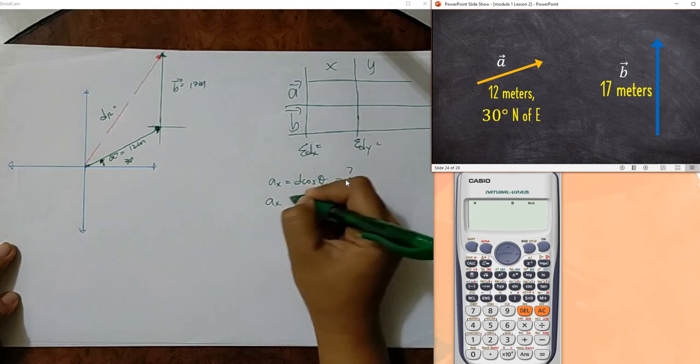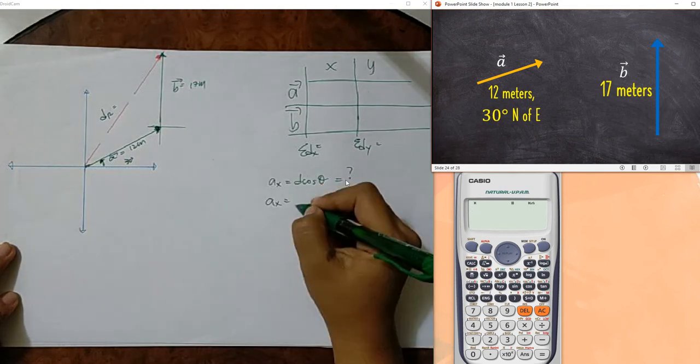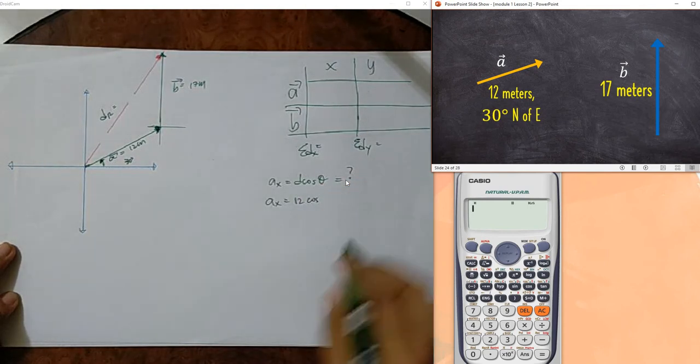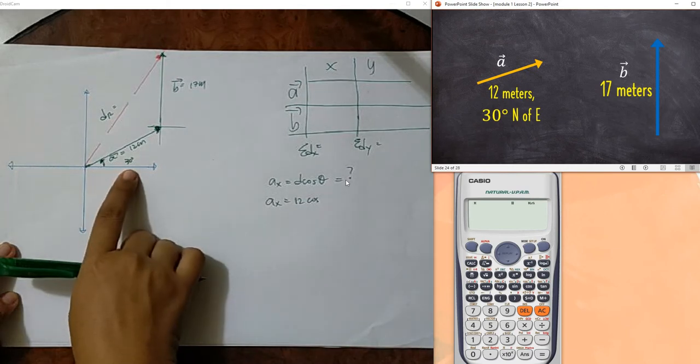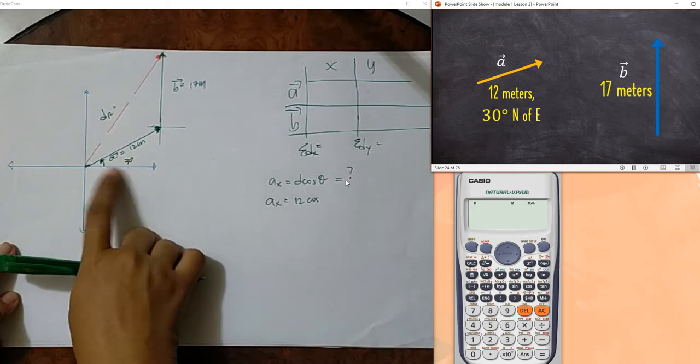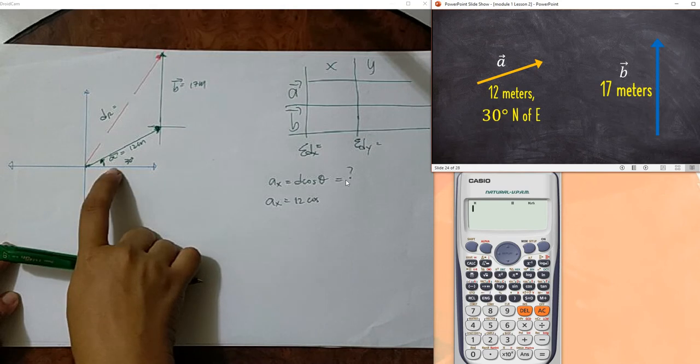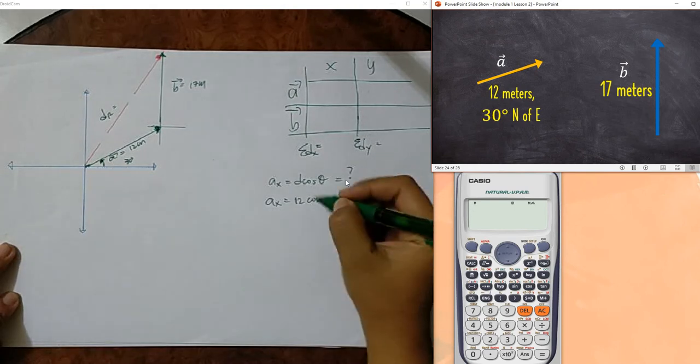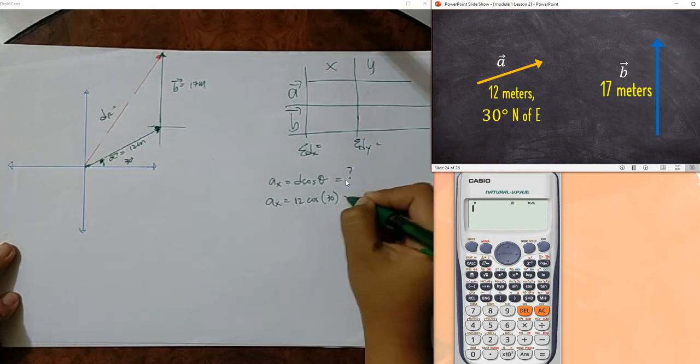So A sub x, the magnitude is 12 cosine. Take note that our angle here is located on the first quadrant. Again, our reference angle is on the first quadrant, so substitute lang 30.